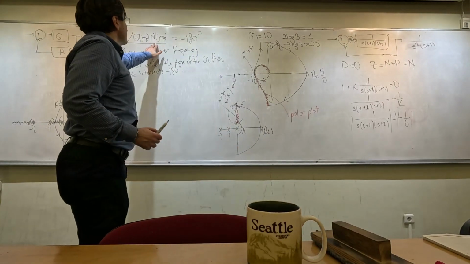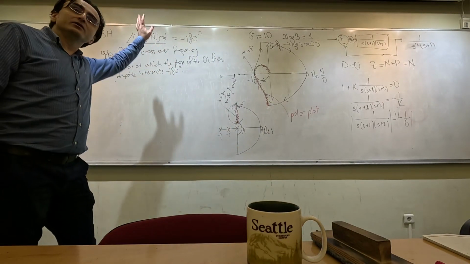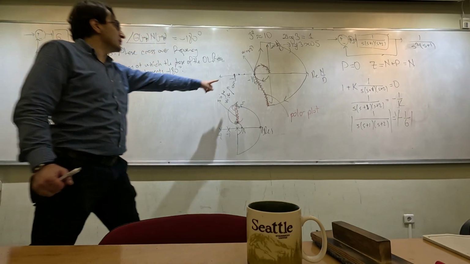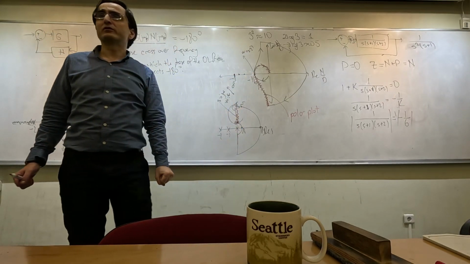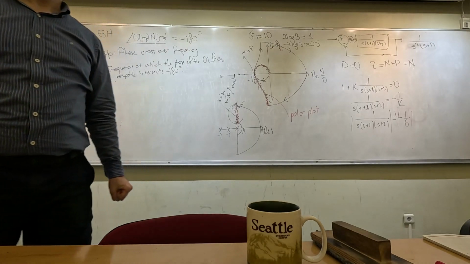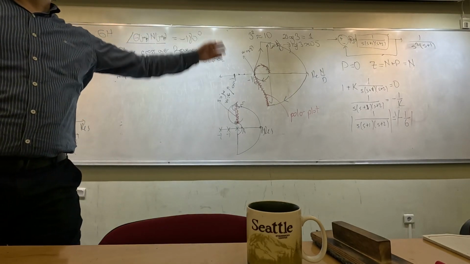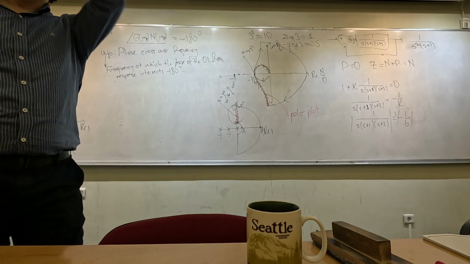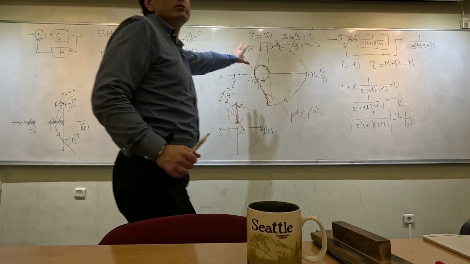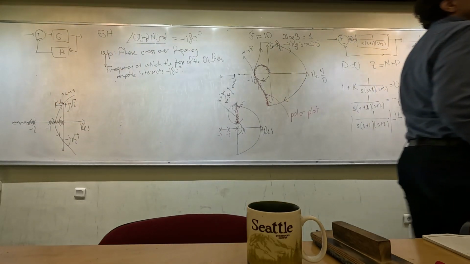If I know this frequency, for this example, what is that frequency? It is square root 2. Square root 2 radians per second is the phase crossover frequency of this system.